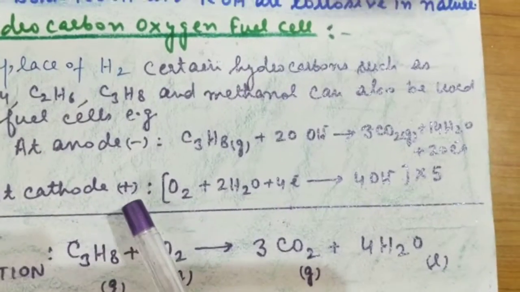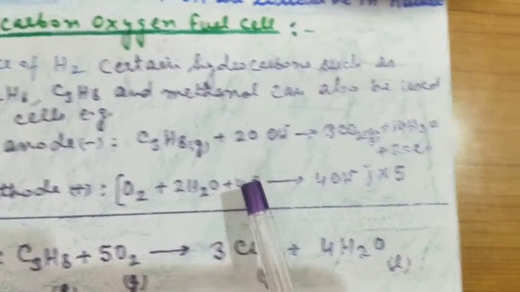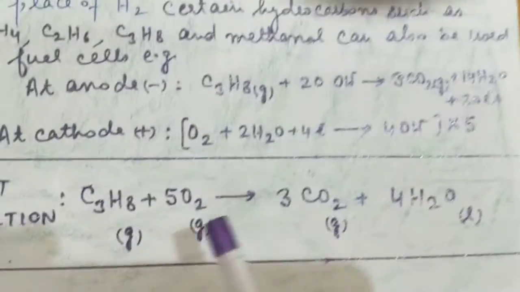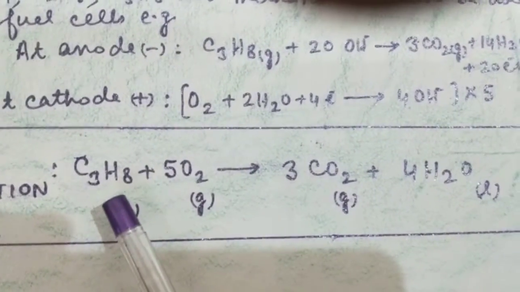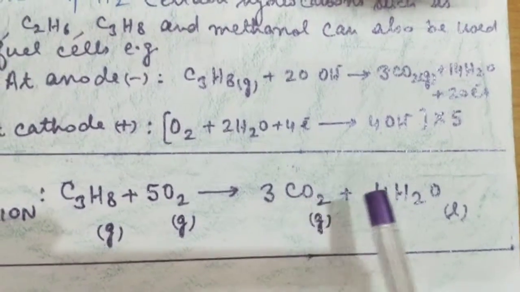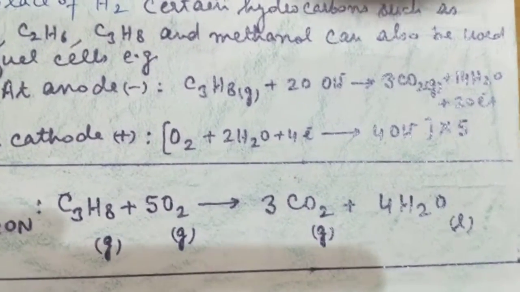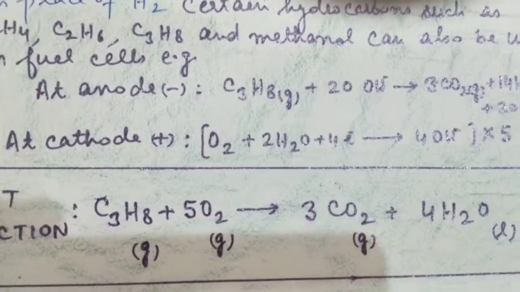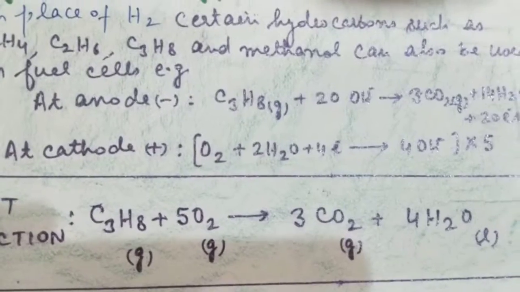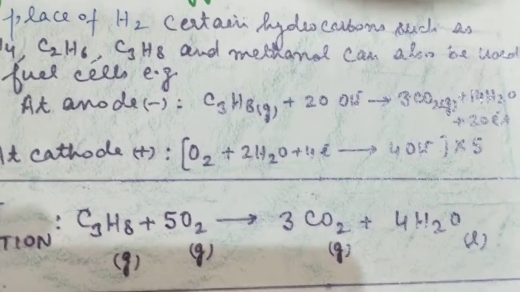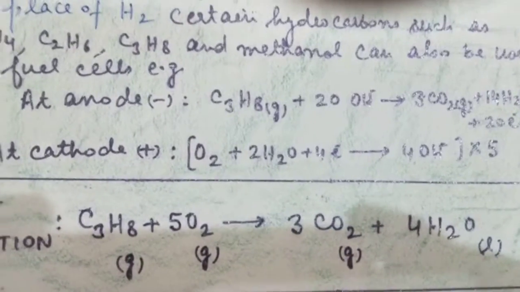Similarly, at the cathode, oxygen reacts with water to form hydroxide ions, and the net reaction becomes C3H8 plus O2 to form CO2 plus H2O. Therefore, instead of hydrogen, we can use propane, ethane, methane, or methanol as the fuel.